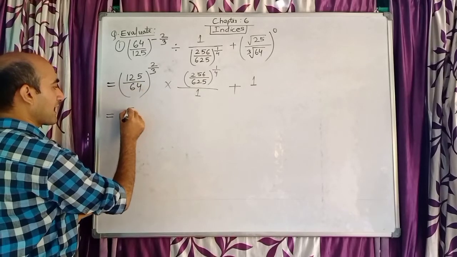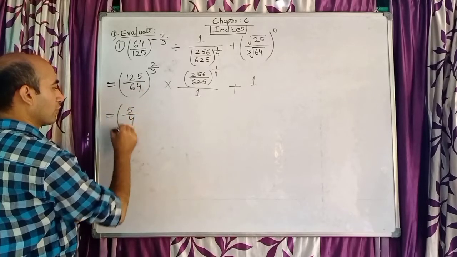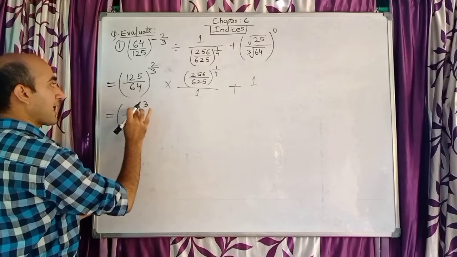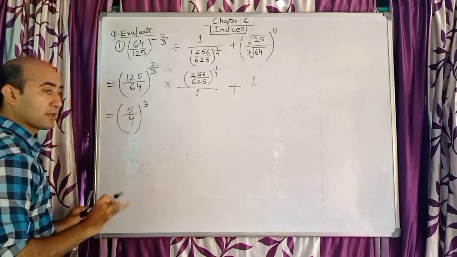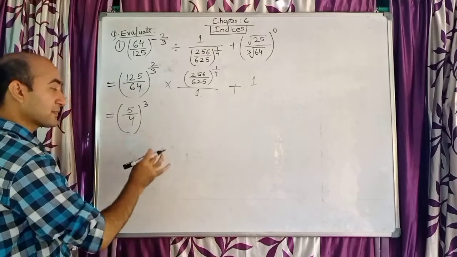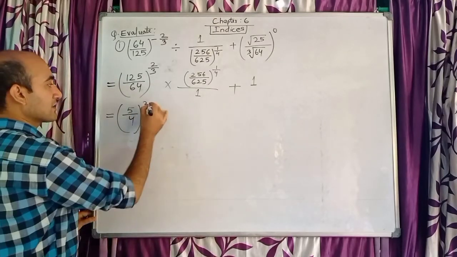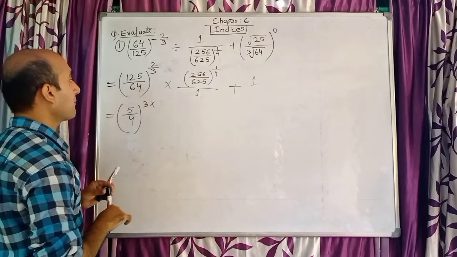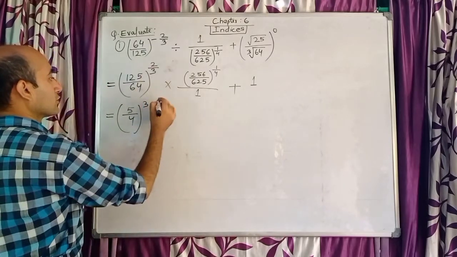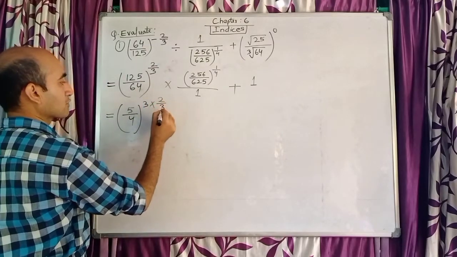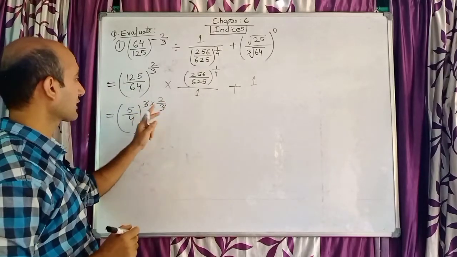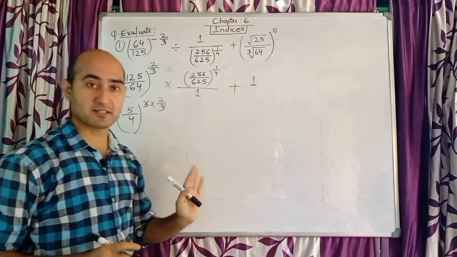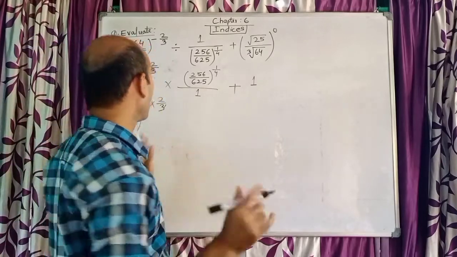So you write 5 by 4 whole cube. That means 5 cube is 125, 4 cube is 64. The meaning has not changed, same thing, only the form has changed. It has become a cube form and into 2 by 3, our power. So by doing this, what happened? The 3 got cancelled and only 2 remains, and the fraction is removed.